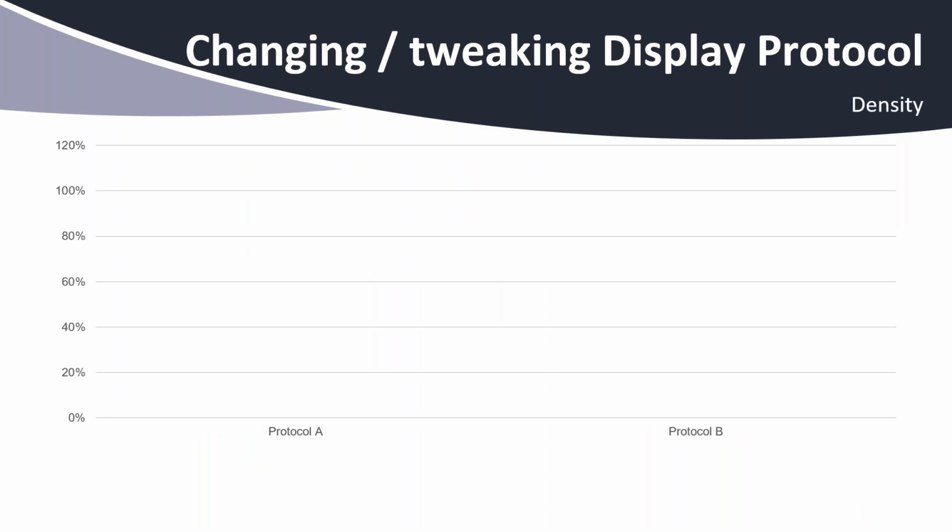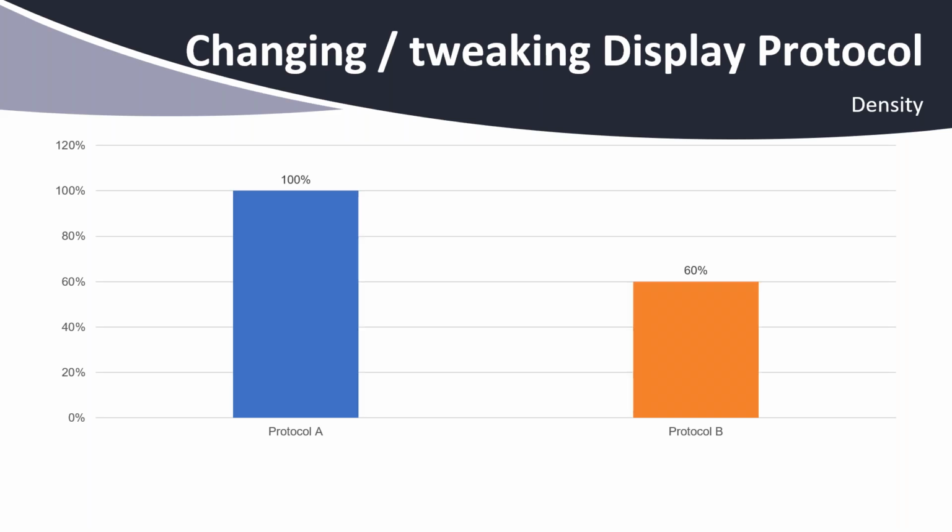So we compared two different protocols, and not to name them because it's not fair, and it's just an example. But if you tweak your protocol correctly or incorrectly, there's a massive difference in density.